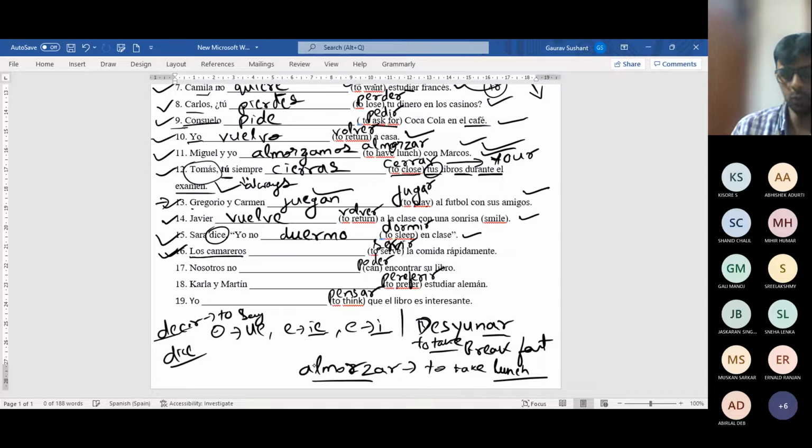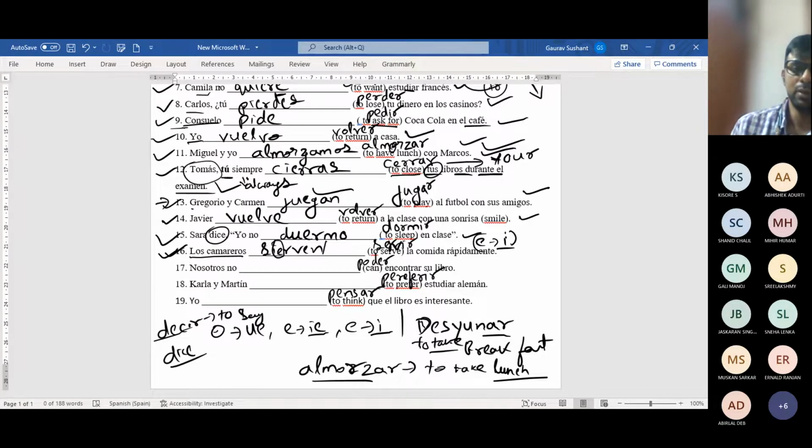Los camareros, your voice is breaking. La comida rápidamente. I can understand what you said. You said sirven, I hope. Yeah, but this is incorrect. This type of mistake could happen, because here also servir is a stem changing verb where e changes to i.